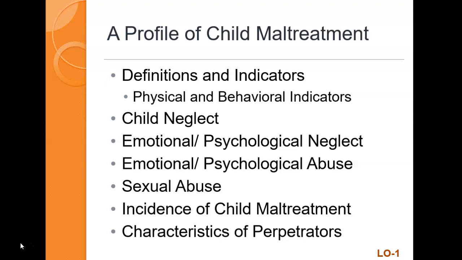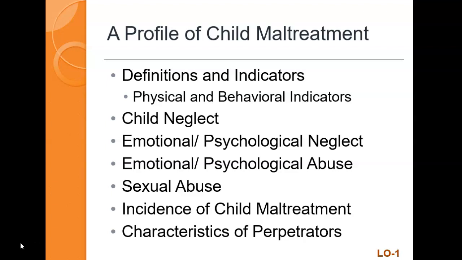So emotional psychological maltreatment can be classified into 6 types according to our textbook. Spurning, which is hostile, rejecting, or degrading, includes verbal and nonverbal caregiver acts that reject and degrade a child.